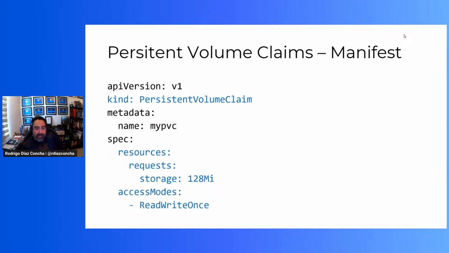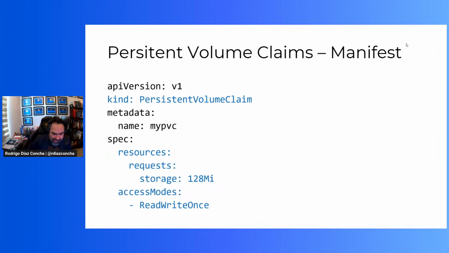For referencing the PVC in your pod. And inside the spec, we have the resources field, and then requests. And then you specify all the different requests that you need, all the different minimum values that you want to get from the persistent volumes.